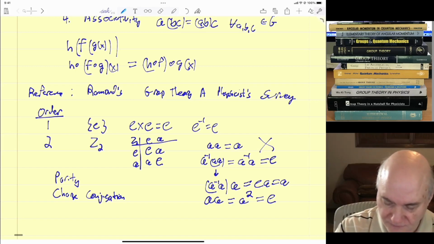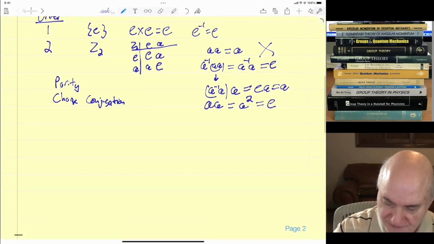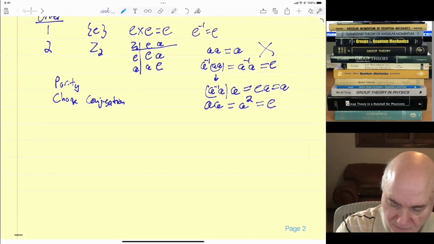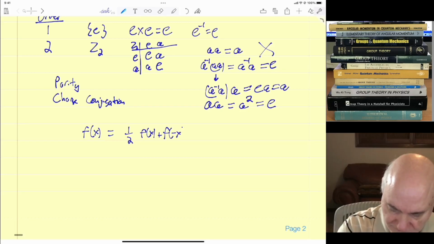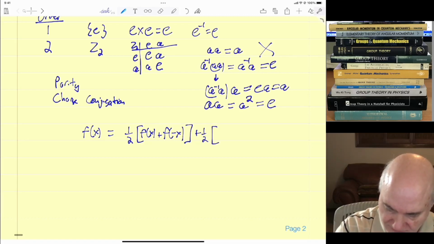And the symmetry transformation, as we know, let's just take the parity example. We know that, for instance, every function we can always represent as f of x is equal to 1/2 f of x plus f of minus x, plus 1/2 f of x minus f of minus x.